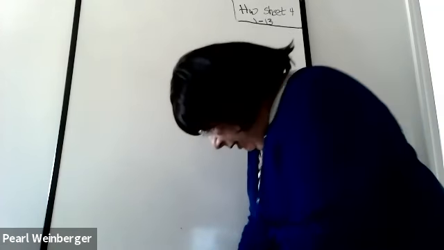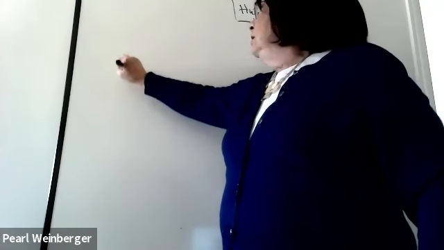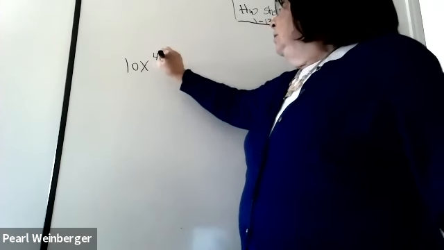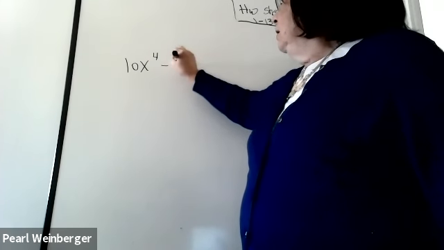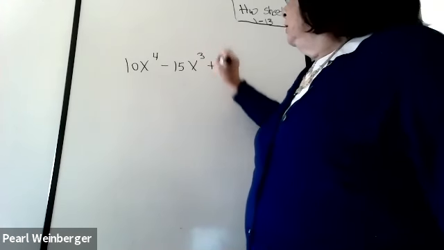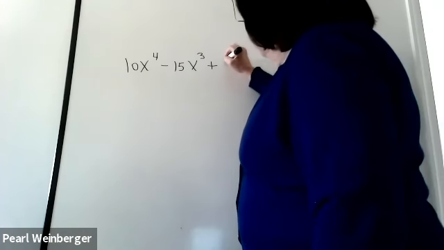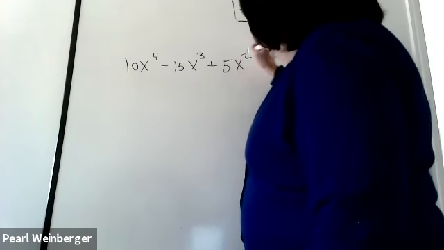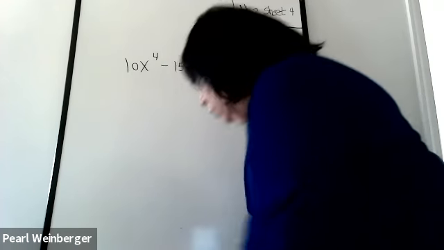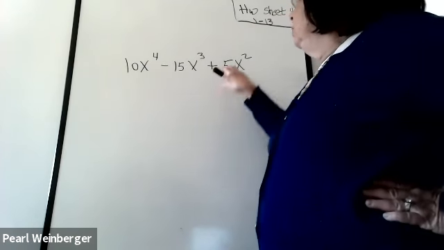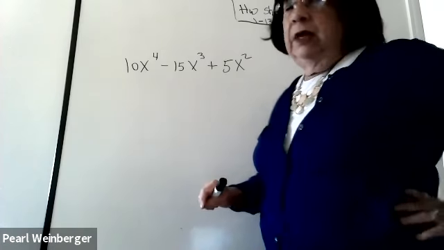So let's say I gave you a polynomial that looks like this: 10x^4 - 15x^3 + 5x^2. I have a trinomial, 10x to the fourth minus 15x cubed plus 5x squared.